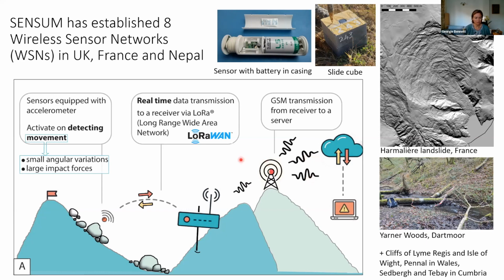These basically work as in this schematic, part of Benedetta Dini's paper on the previous slide. So we have sensors embedded, in this case, in boulders that activate on movement.